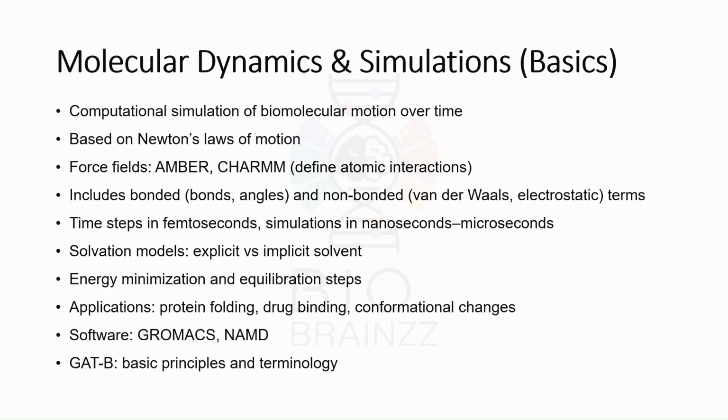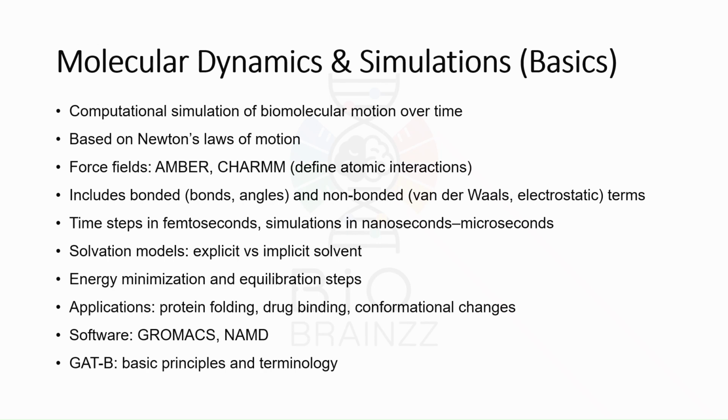Molecular dynamics is used to study the movement of biomolecules over time. It is based on Newton's laws of motion. In this method, we simulate how atoms in proteins or DNA move and interact with each other.